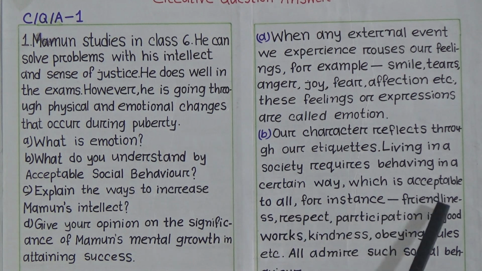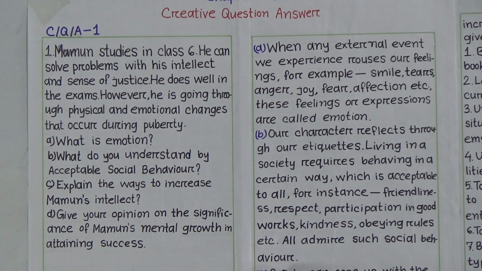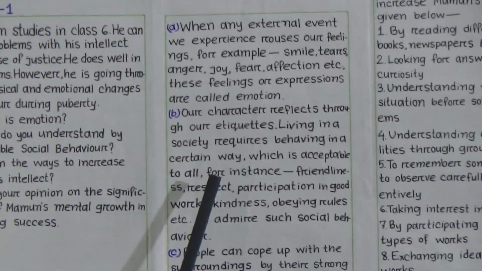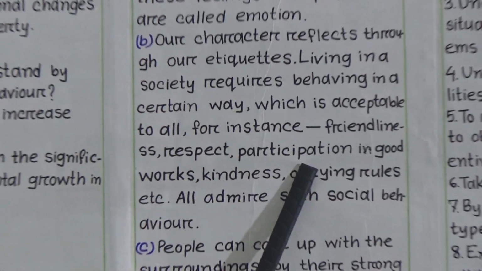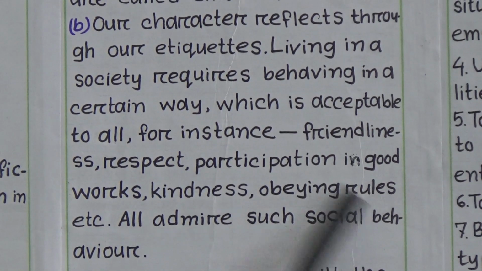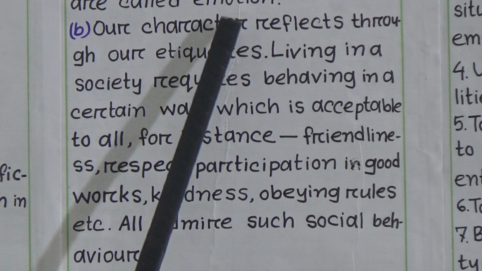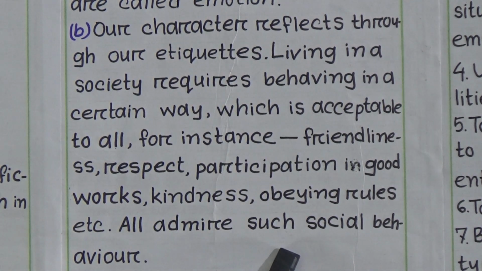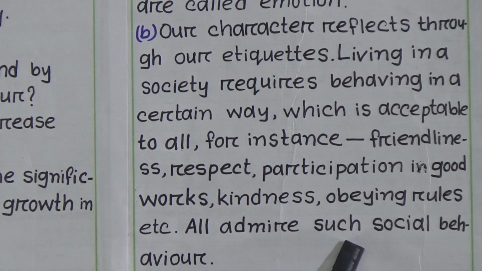For instance, friendliness, respect, participation in good works, kindness, obeying rules, etc. All admire such social behavior. So when we show friendliness, respect others, participate in good works, are kind to people, and obey every rule, it is called social behavior. And if we are able to show this type of behavior, people will think that the person is a mannered person.